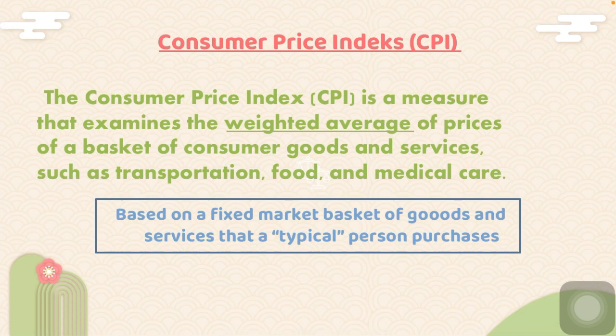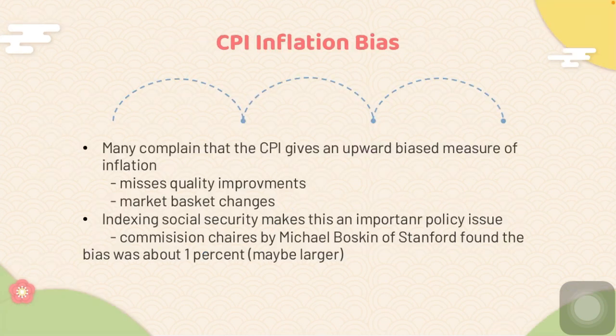How is CPI used? CPI is an economic indicator. It is the most widely used measure of inflation and, by proxy, of the effectiveness of government economic policy. CPI inflation bias: many economists think that the CPI gives an upward-biased measure of inflation, like missed quality improvement and market basket change.